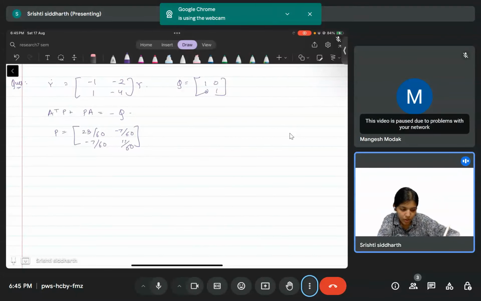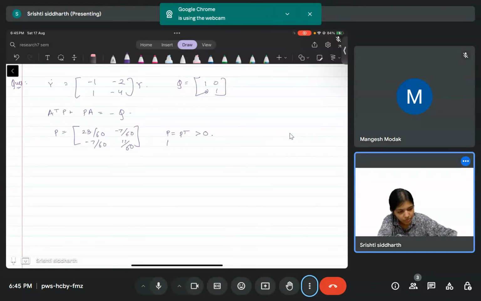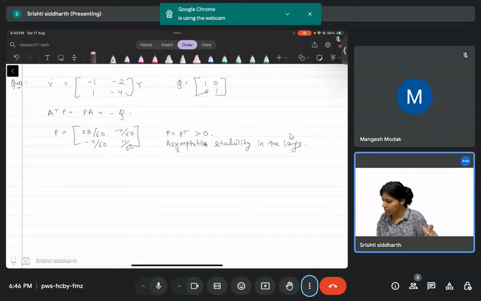So we have asymptotic stability in the large. We have one more question.